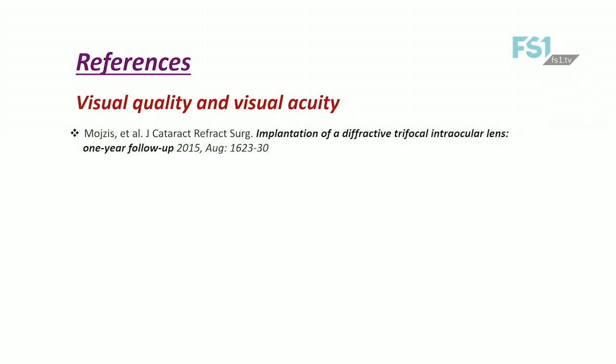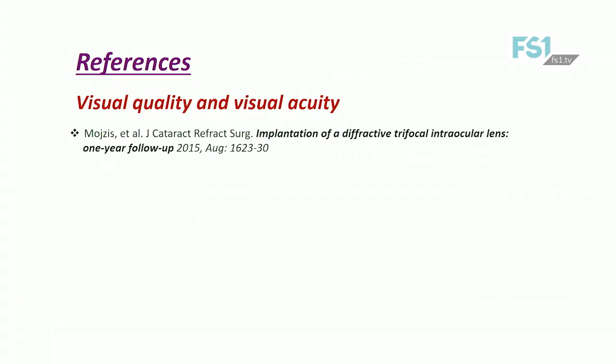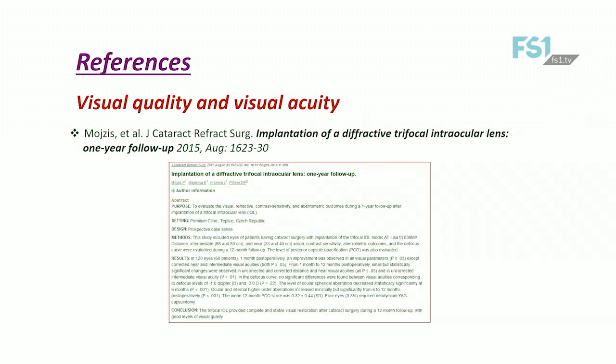And now I would like to share some publications which were done in order to prove the efficacy and safety of this lens implantation. What is the most important thing? Of course, it's visual quality and visual acuity. In 2015, Mojzis, I hope I'm pronouncing this family name right, and if I'm not, I'm really sorry about that, Mojzis et al. with his team published a work about implantation of a diffractive trifocal intraocular lens with 1 year follow-up.